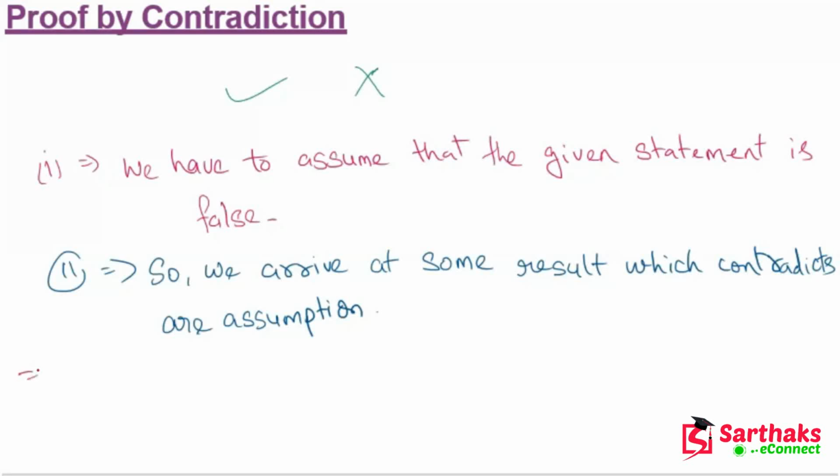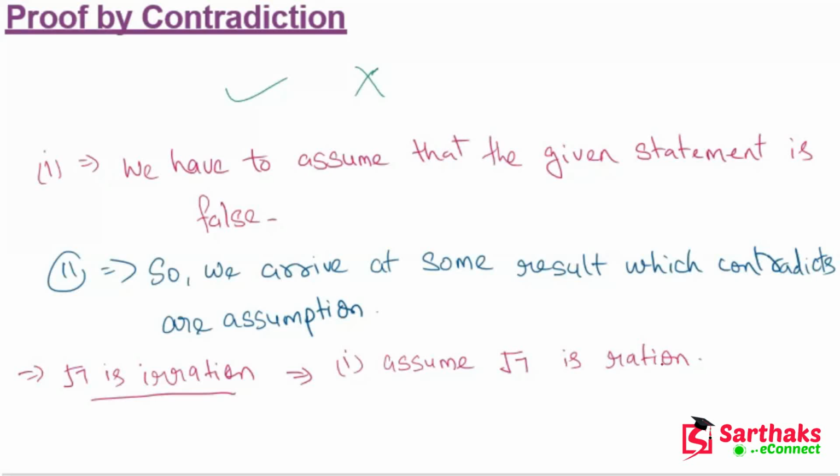Let's suppose we have to prove under root 7 is irrational. First of all, in the first step, we assume under root 7 is rational. We know that this is irrational, but we are assuming that under root 7 is rational.